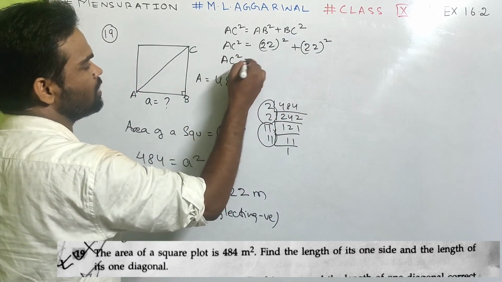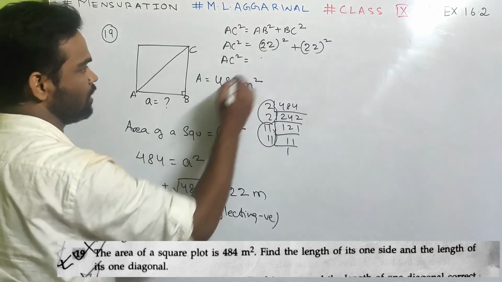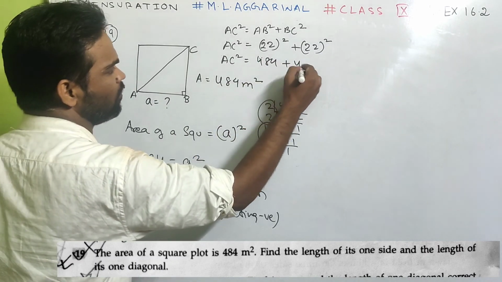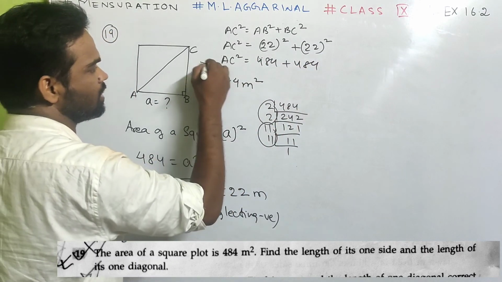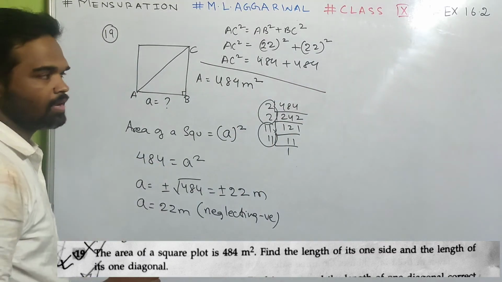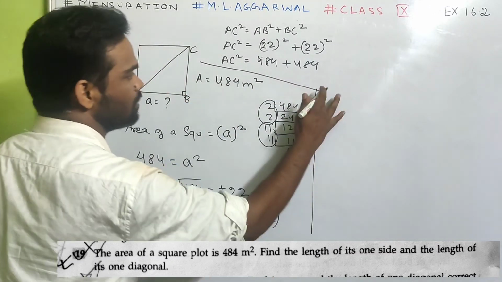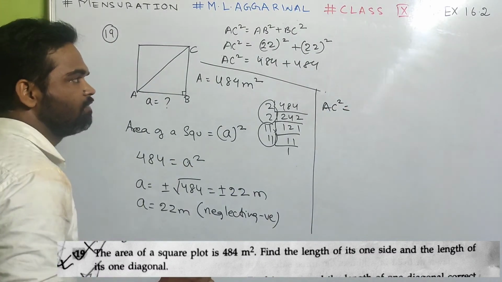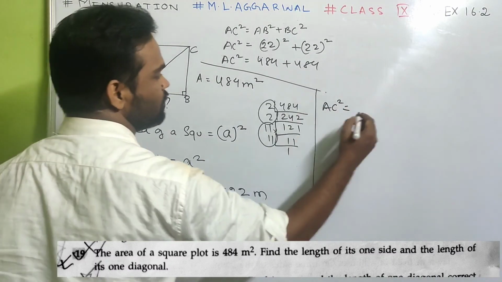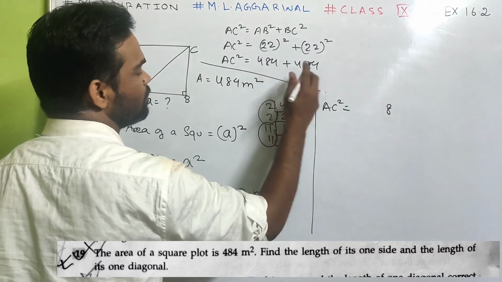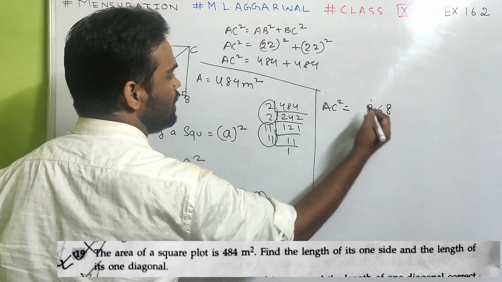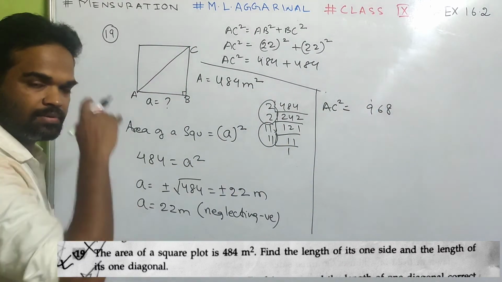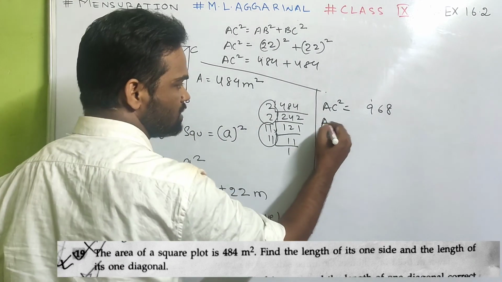So AC square is, just now we did, 484 plus 484. Just look carefully, okay? AC square will be 484 plus 484, that's 8 plus 8 16, 968, isn't it?